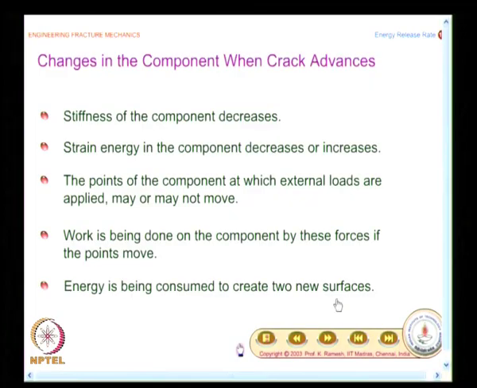If you directly look at Inglis solution, you will only get alarmed and it does not satisfy your actual observation. To bring in this understanding, Griffith was intelligent enough to appreciate that energy is being consumed to create two new surfaces.